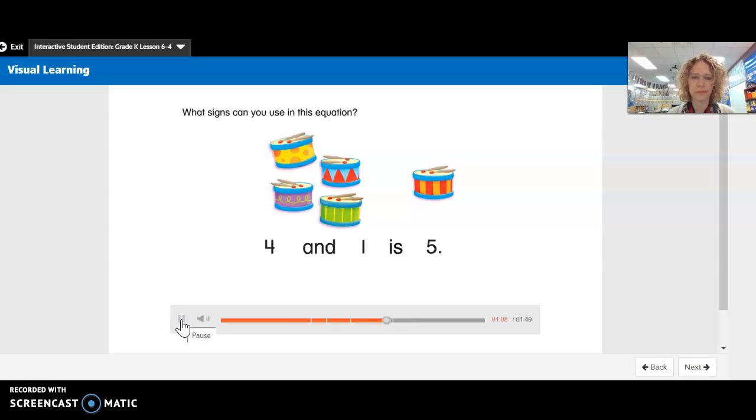What signs can you use in this equation? You can use the plus sign and equal sign. What is the equation? Four plus 1 equals 5. What does 4 plus 1 equals 5 mean?